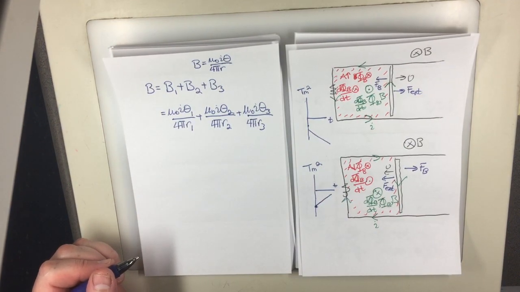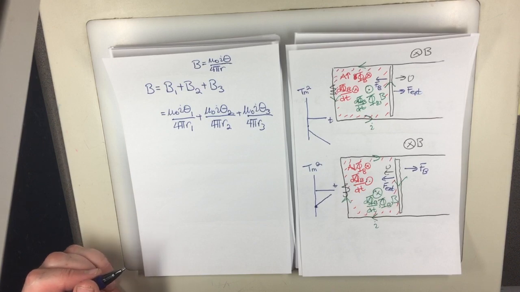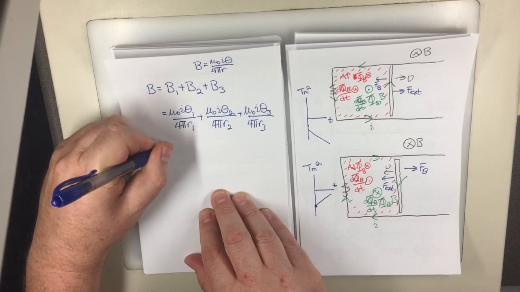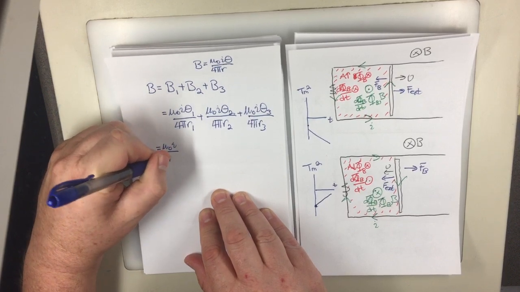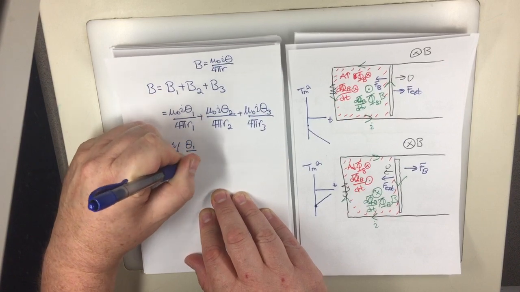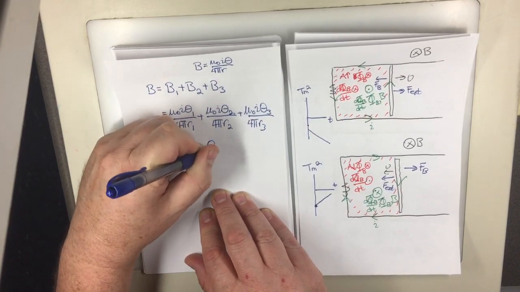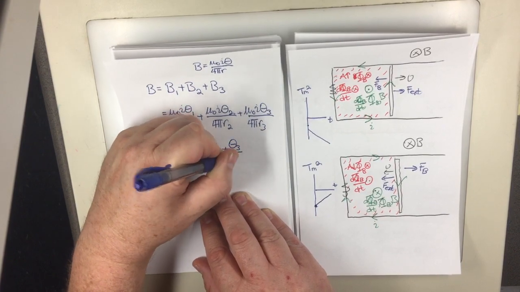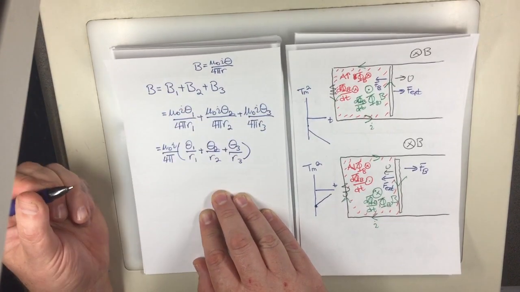They're the same. Factor it out. Mu naught I over 4 pi times theta 1 over R1 plus theta 2 over R2 plus theta 3 over R3.